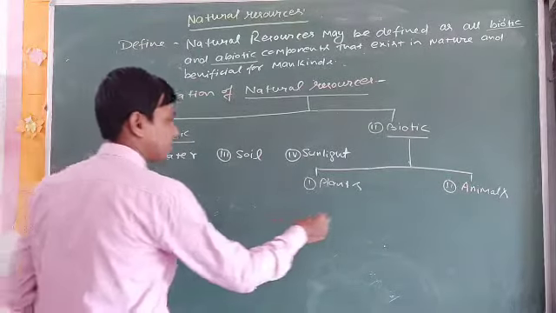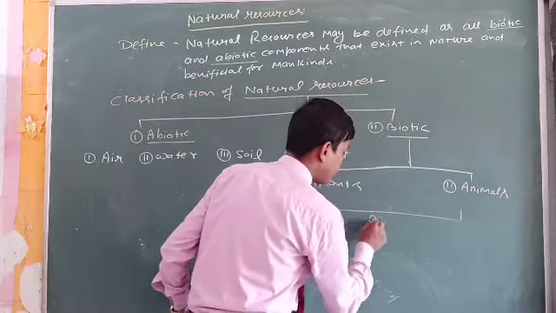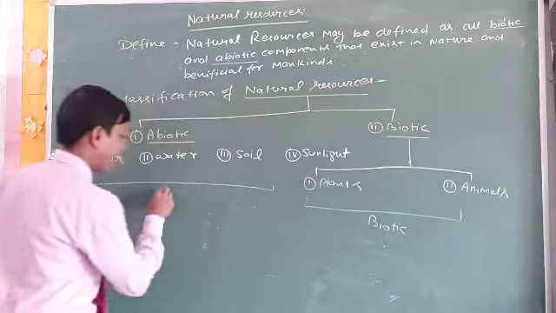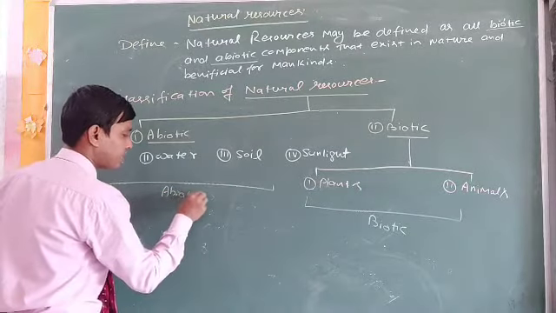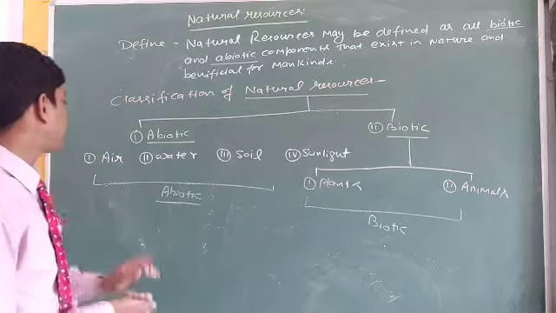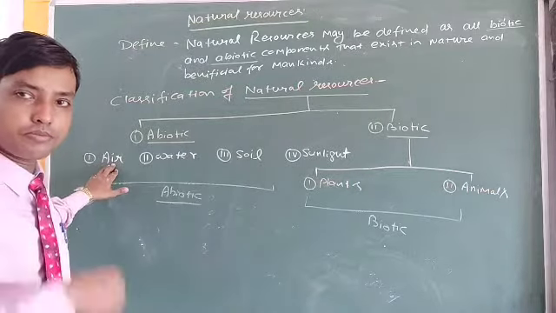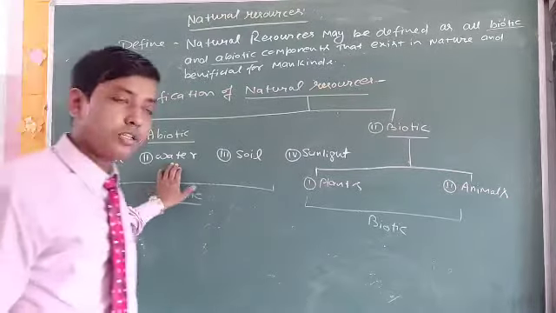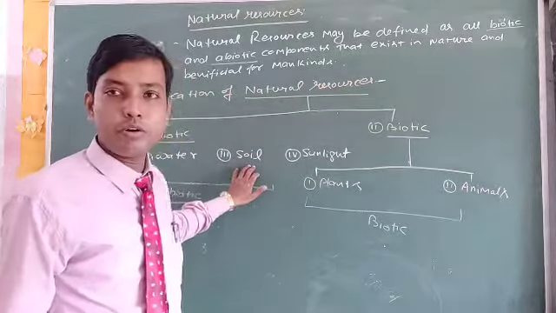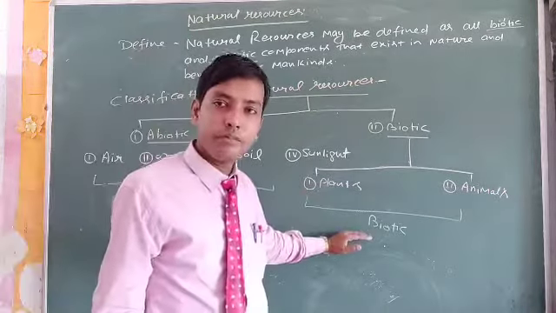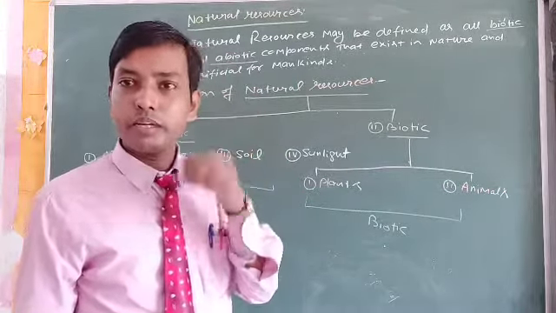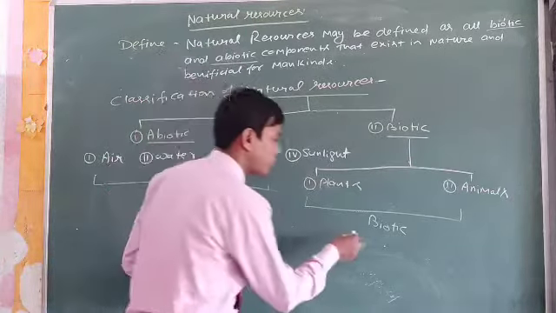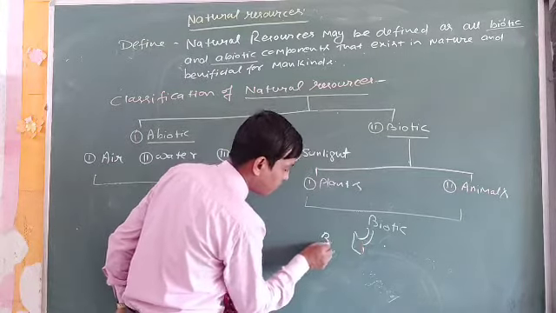So these are the part of biotic and these are the part of abiotic components. Listen, abiotic may further be the atmosphere, the part of our ecosystem in which air exists, the water, that is the hydrosphere, and soil, which belongs to the lithosphere. And biotic components, all those parts of our environment where living organisms exist, are known as the biosphere. So what is the biosphere actually? The biosphere is the part of our ecosystem in which living organisms exist.